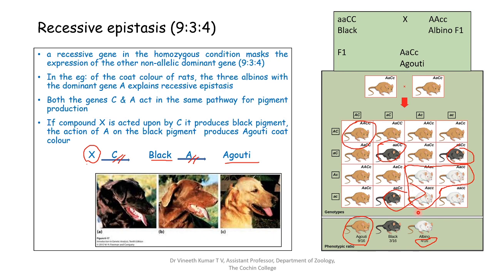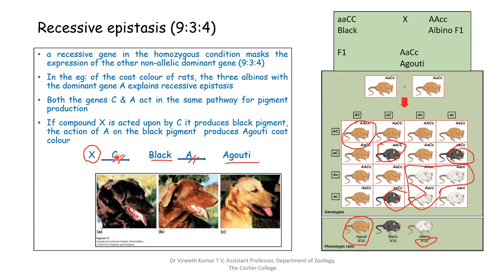As a result, you can say that this homozygous recessive allele, because it is present in the homozygous recessive condition, is inhibiting the expression of this particular gene because C is absent. When small c is present, it does not produce the enzyme C. As a result, X is not converted to the black pigment.